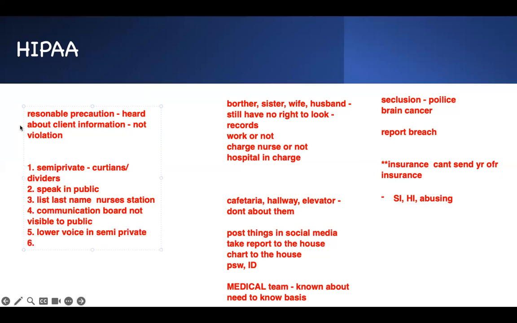And then the sixth one is if your roommate has some airborne infection, or droplet or something, like if they're on precaution, you can tell the roommates, hey, wear a mask so that you don't get infected. But you don't have to tell them about the diagnosis.